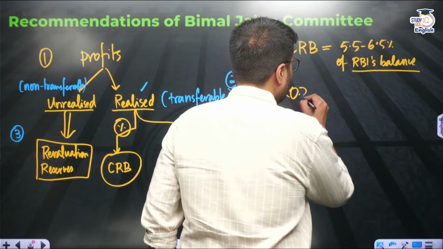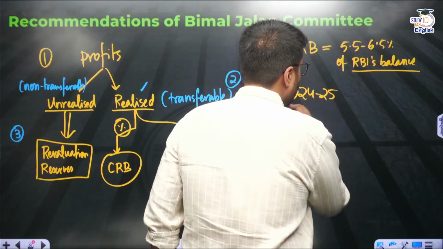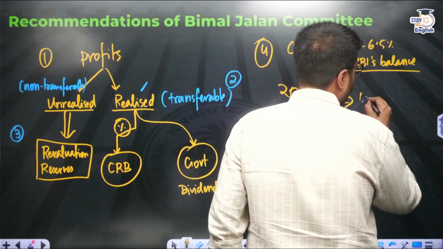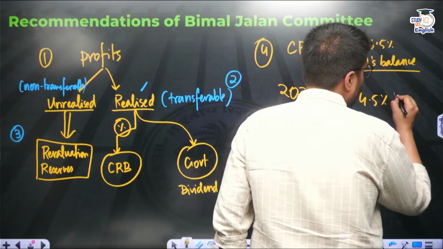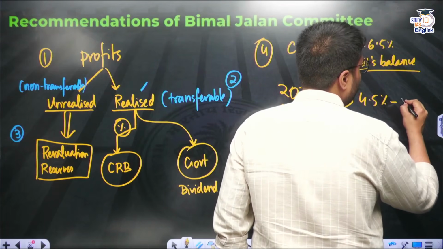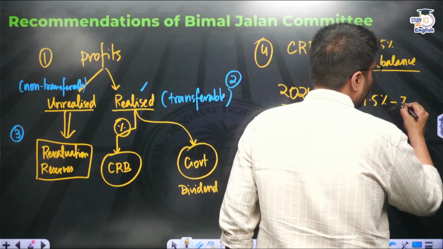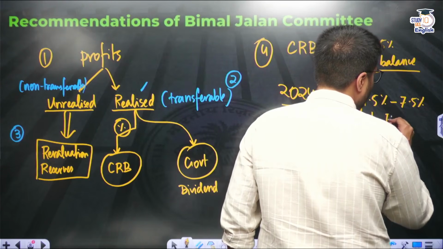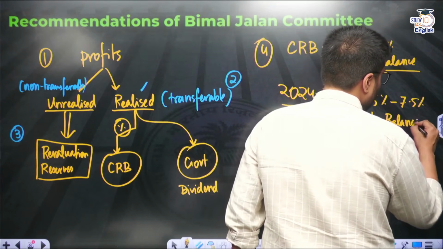Last year, 24-25, the RBI Central Board modified this. The RBI Central Board stated that from now on, the RBI would maintain the contingency risk buffer between 4.5 to 7.5% of its balance sheet. Right?